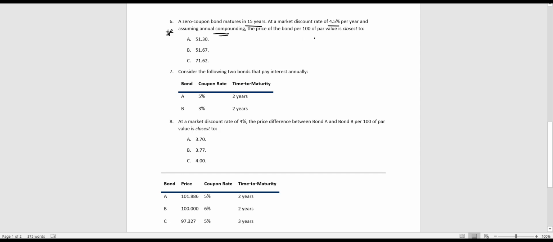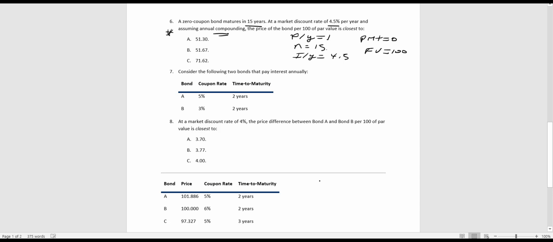So in this case, assuming annual compounding, the PY is going to equal 1. It's maturing in 15 years, so N is going to equal 15. And the market discount rate, the IY, equals 4.5%. In this case, it's a zero coupon, so the payment equals 0, and the future value is going to equal the 100.